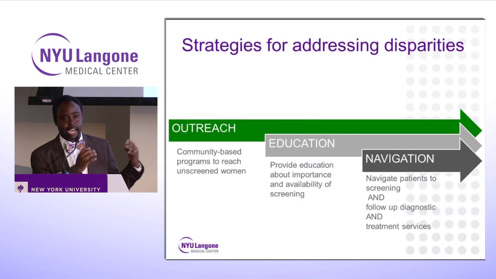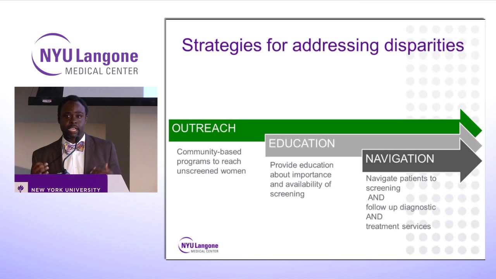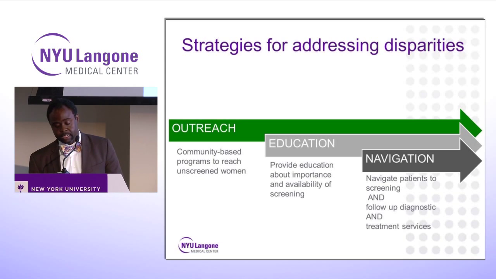We don't want to identify people who have cancer and then just leave them hanging. Once we find people and diagnose their cancer, we want to navigate them all the way through the process, either to treatment or to clinical trials.